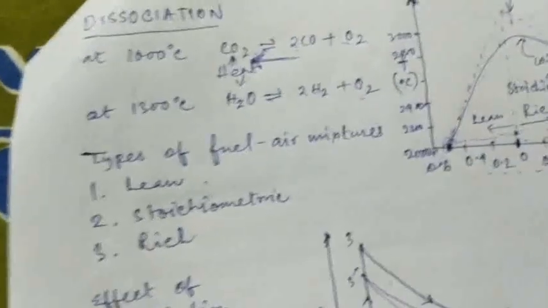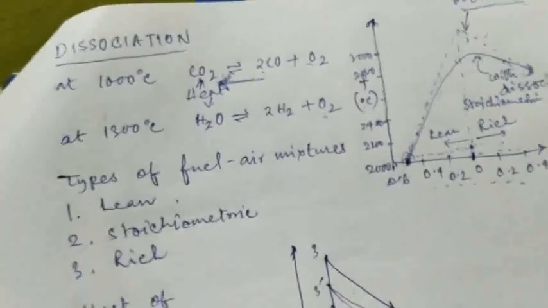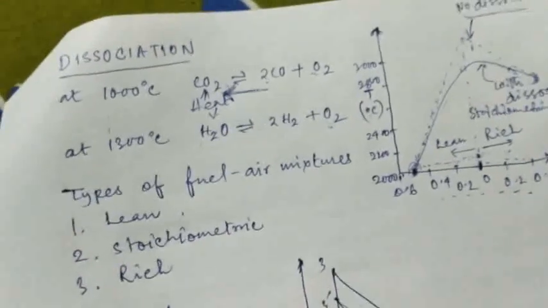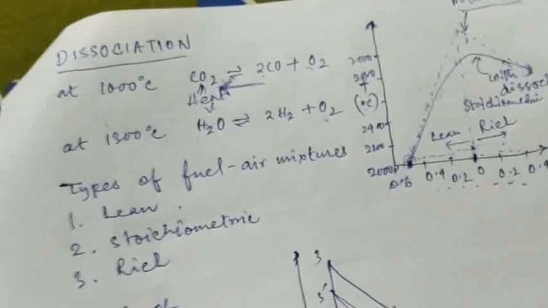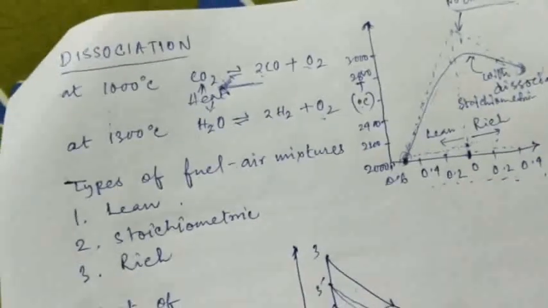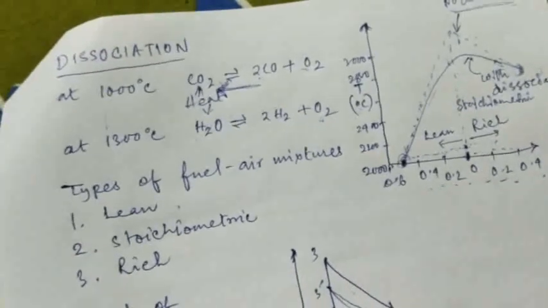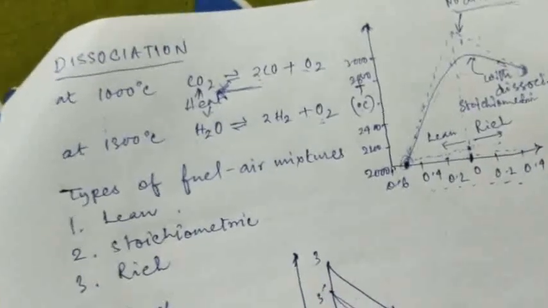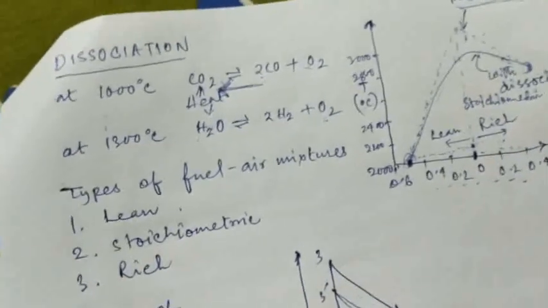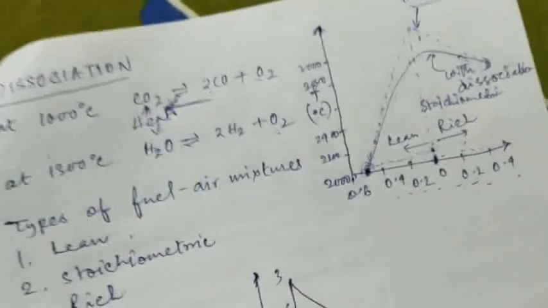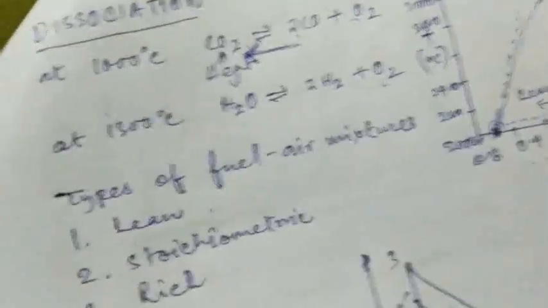The effect of dissociation on power output for a typical 4-stroke engine operating at constant speed has been described in this curve.